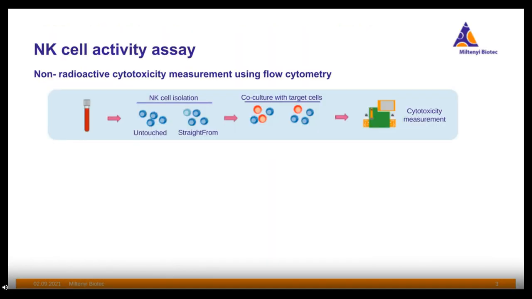The next example that I want to highlight is the NK cell activity assay. This particular assay was performed in our R&D, and the assay setup was shown as you can see it here in the graphical illustration. First, NK cells were isolated from peripheral blood via two different methods, both using our pioneering magnetic bead-based cell isolation method.